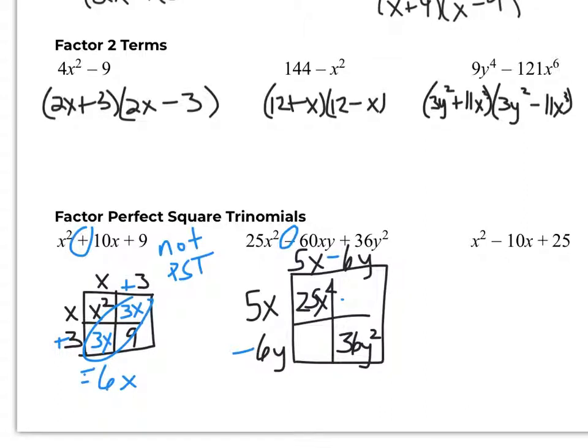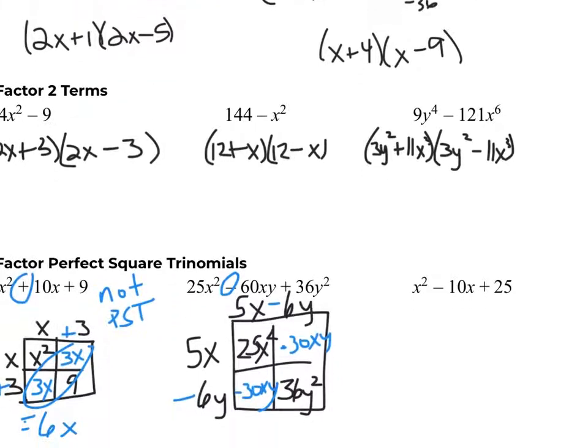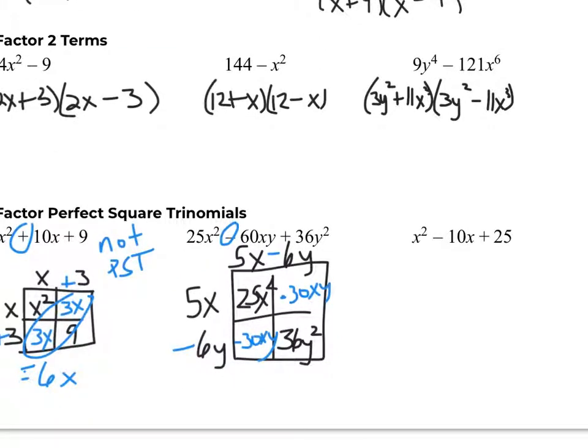So this would give me negative 30xy. Negative 30xy. And that does combine, whoa, that does combine to give me negative 60xy, which is my middle term. So this would factor to 5x minus 6y squared.